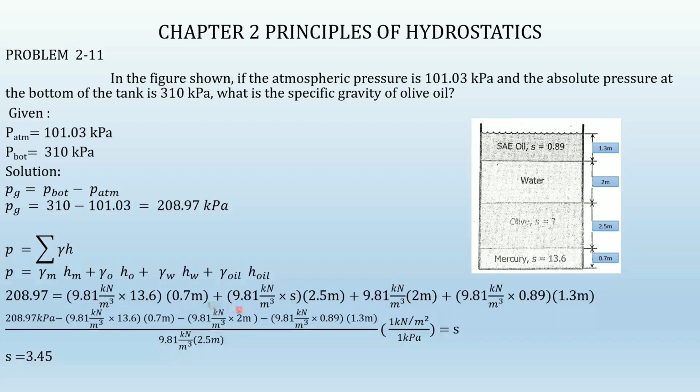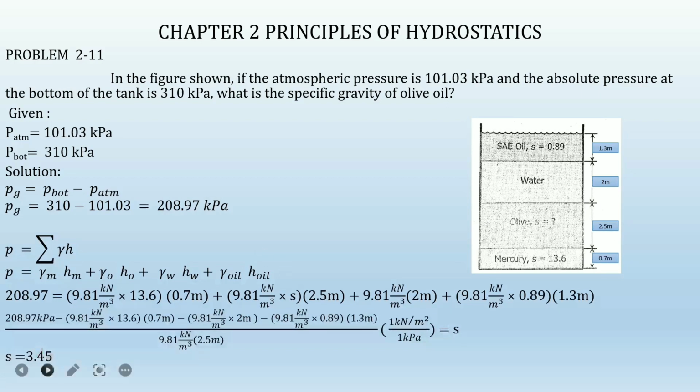So we have here our equation now, and we have the values that will find the specific gravity of olive oil. And if we're going to solve for that, we will get that our specific gravity is 3.45.